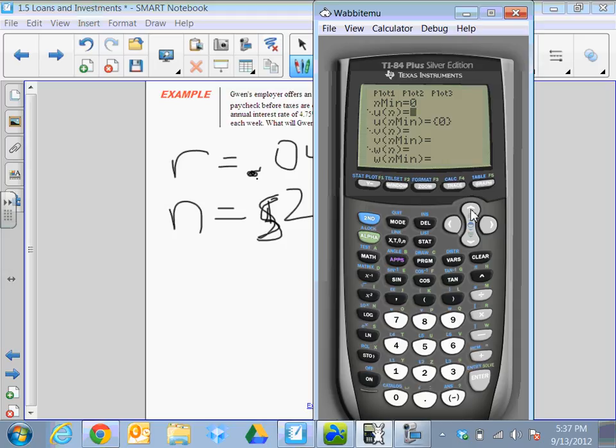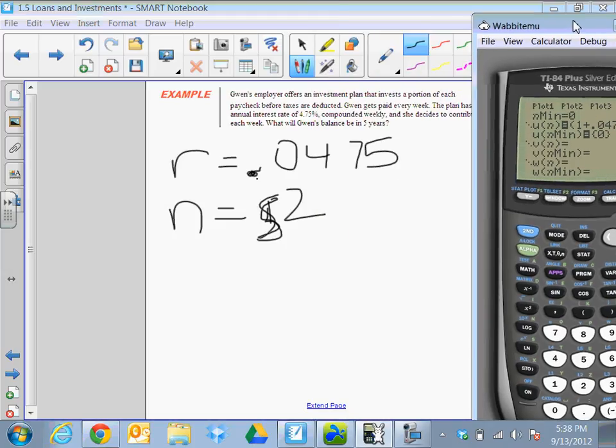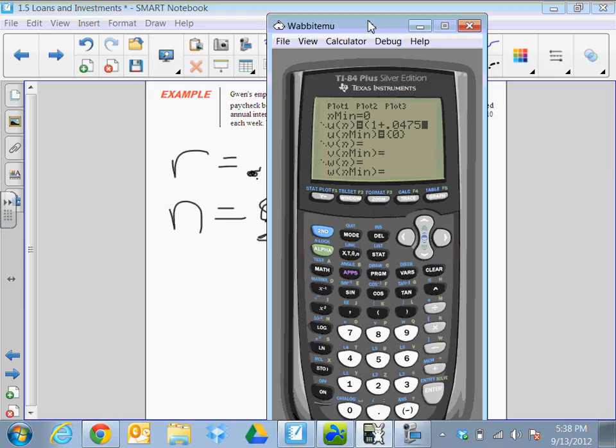So the next portion is we want to now tell it the formula that we want it to use. So what we want to do is go back and think about the formula from a couple slides ago, where it said 1 plus the interest rate, which is 0.0475, double check that, yep, 0.0475, divided by the number of times compounded per year, and that would be 52.